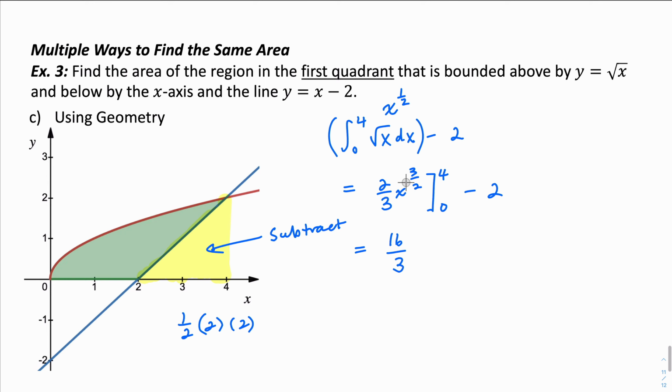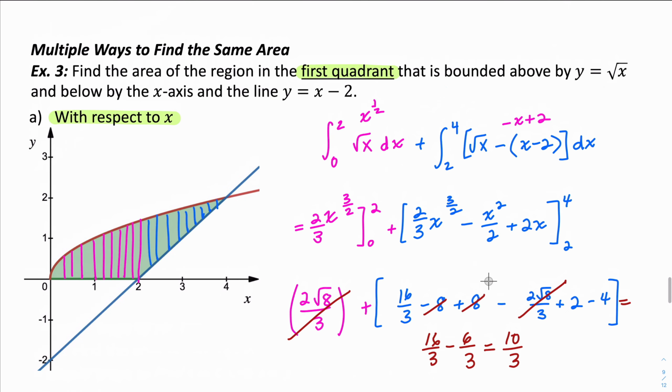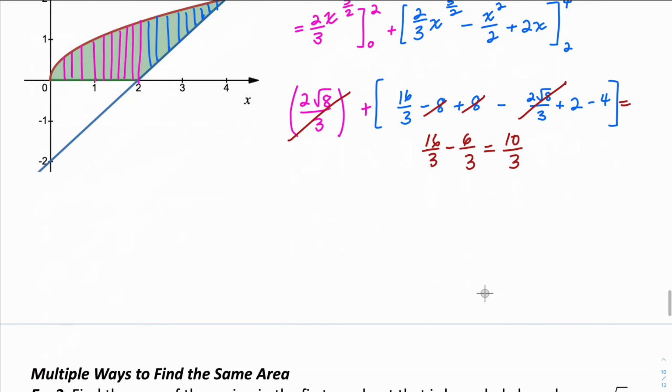Plugging in 0 gives 0, so it's 16 over 3 minus 2, which is 6 over 3, so that again gives us 10/3. So we got 10/3 in all of these. There are 3 different ways that we could evaluate this integral.